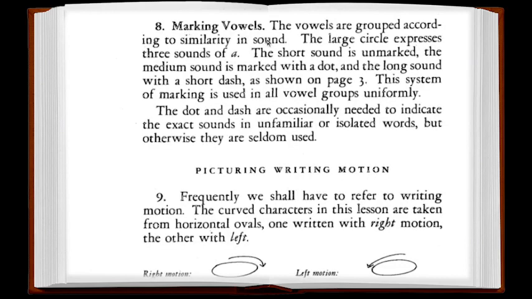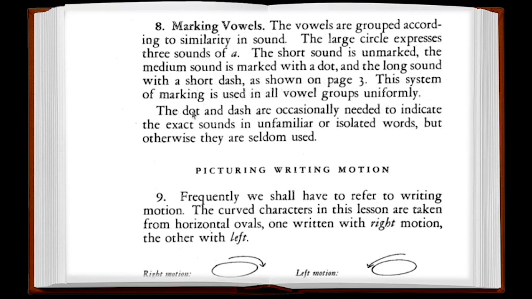Marking vowels. The vowels are grouped according to similarity in sound. The large circle expresses three sounds of A. The short sound is unmarked. The medium sound is marked with a dot, and the long sound with a short dash, as shown on page 3.